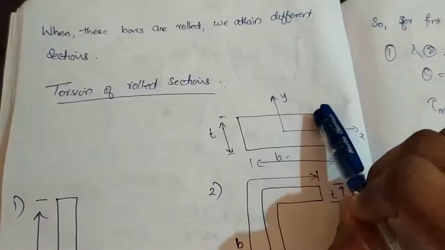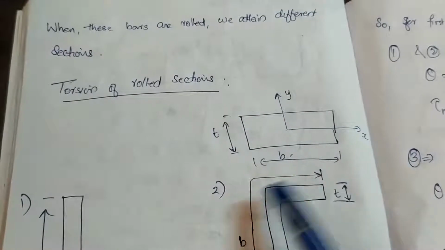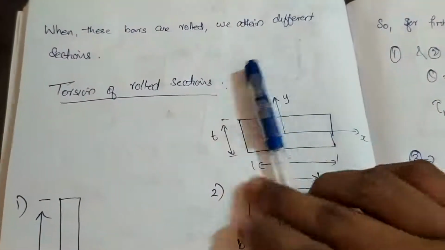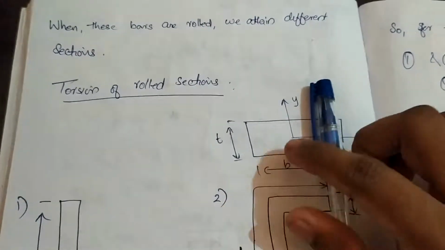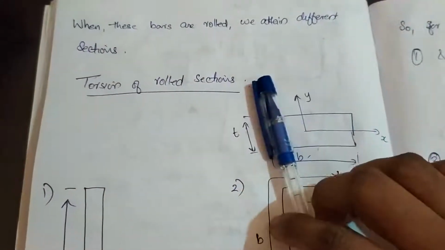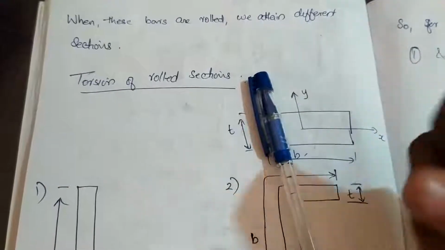See, if you take a rectangular bar and put it through the rolling process, which you might have learned in manufacturing technology, you can make it into different shapes.